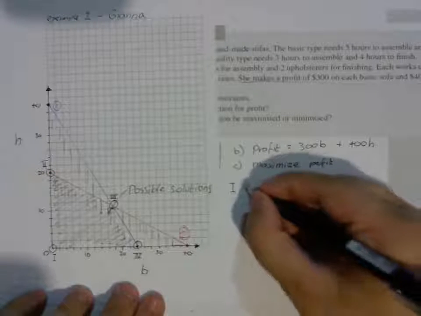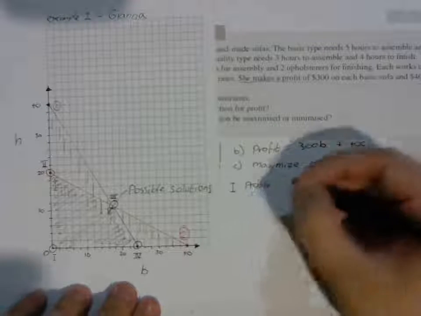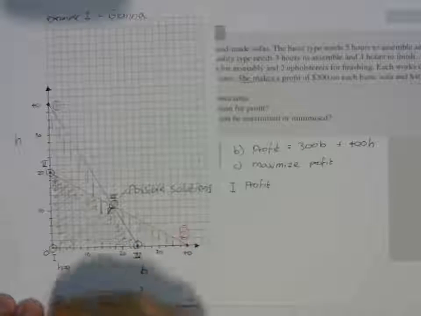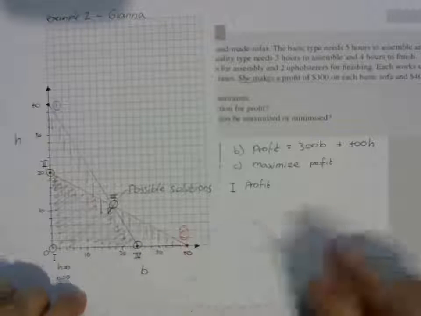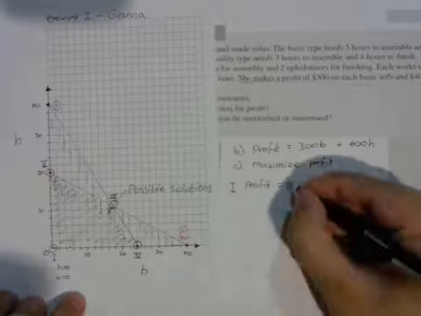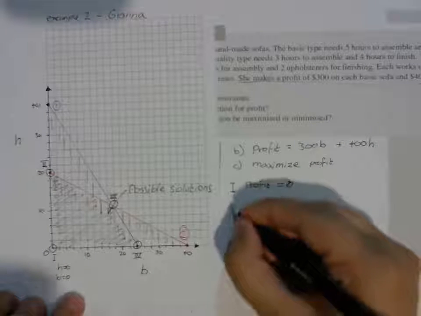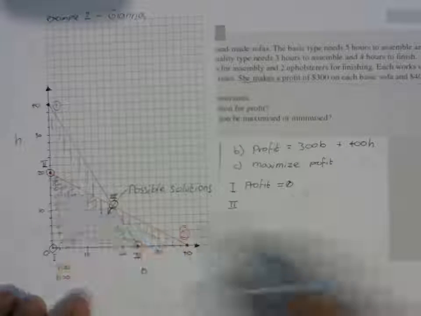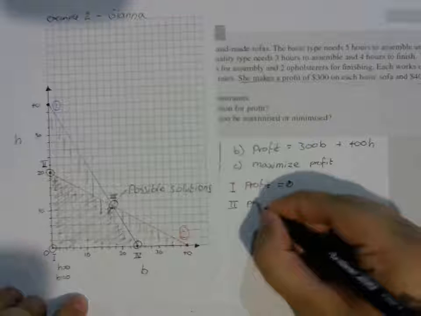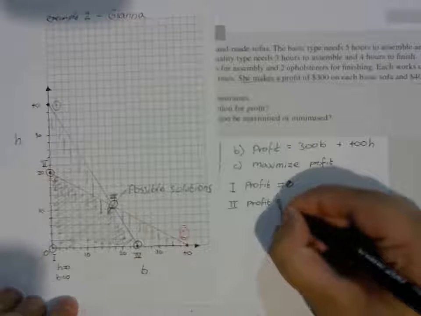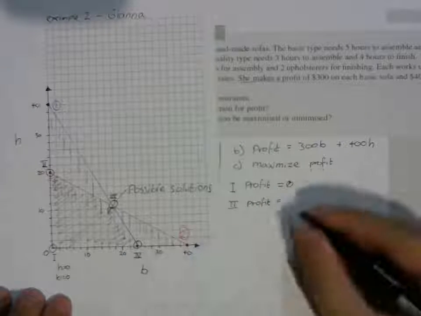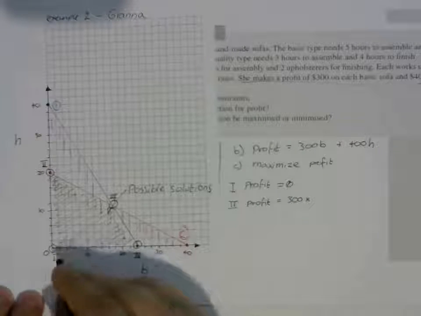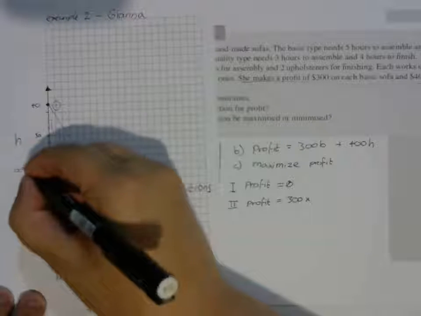For I, the profit at I, H is 0 and B is 0. So our profit is simply 0. You can't earn any money if you don't sell anything. The second point lies here, right on the h-axis, and profit is going to equal 300 times B, and here on the h-axis B is equal to 0.